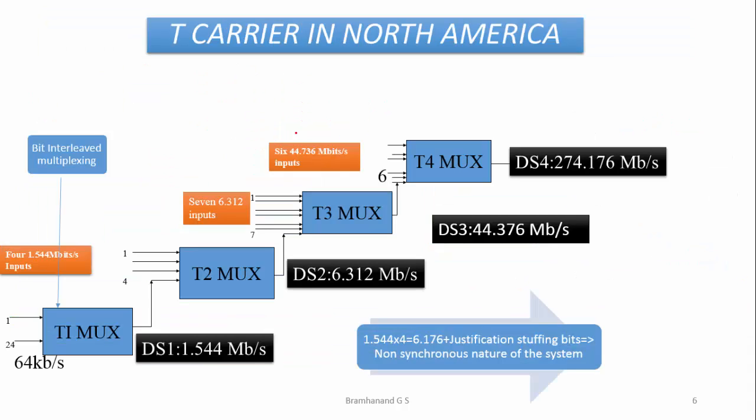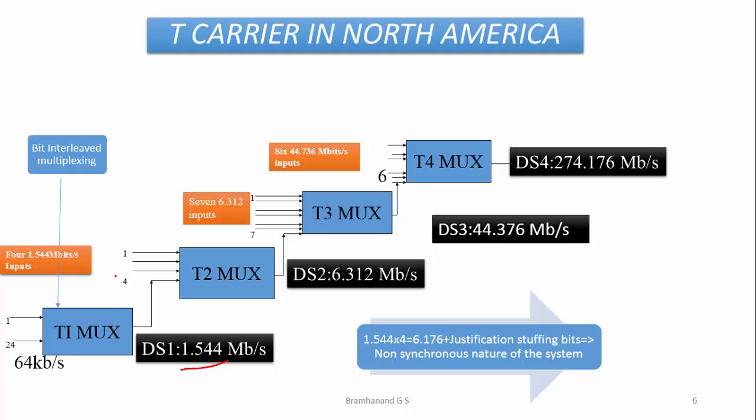So this is the hierarchy for the North American standard, which is based on T1. As we saw in the last slide, the T1 mux multiplexes 24 voice or data channels and gives us the output of DS1, which is 1.544 megabits per second.